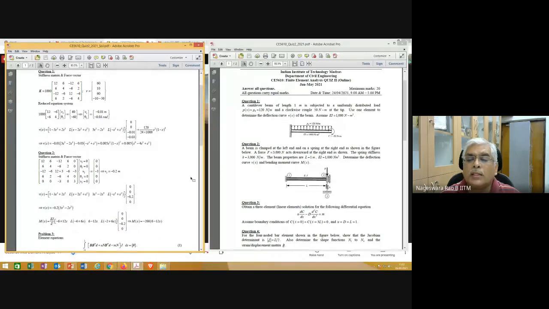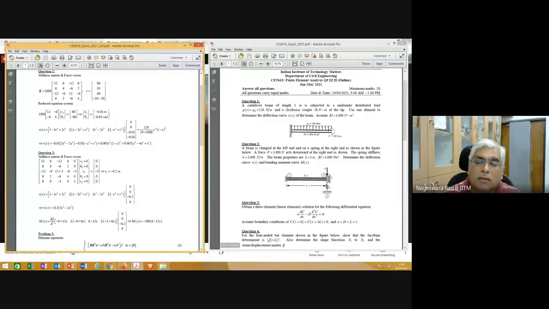On similar lines, question 2 also. Except that here a beam element and a spring element is given, and we solve these kinds of problems. The boundary conditions at the fixed end of the cantilever for the second problem: slope is 0, deflection is 0, and also here you can see the boundary condition.